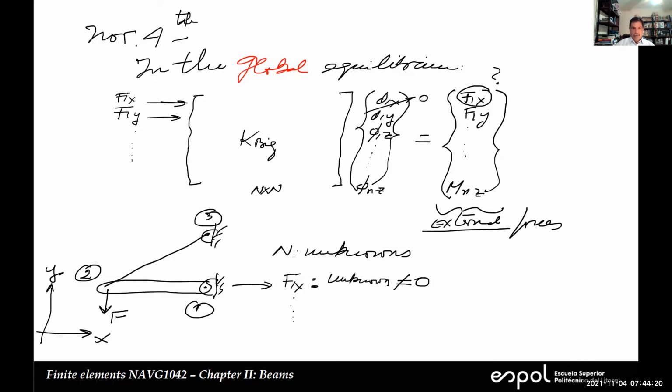So in a point, when you have this support, in that point, f1x, as somebody said, is the reaction. This is something that we do not know. It's not equal to 0. It may be 0, but in general, it's something that we do not know. So we have to include it as an unknown.